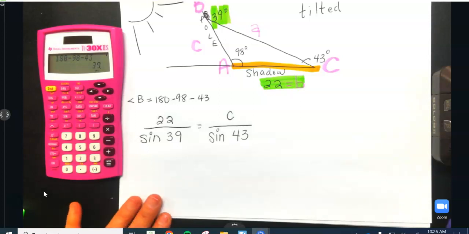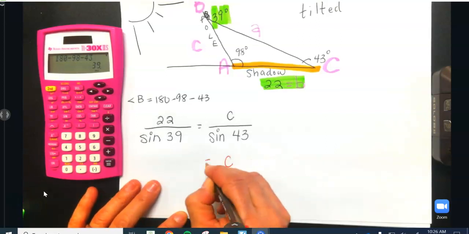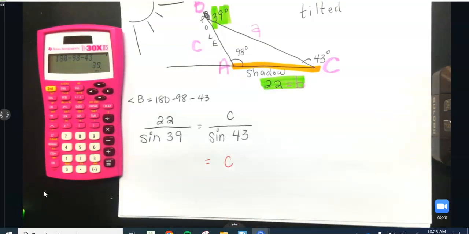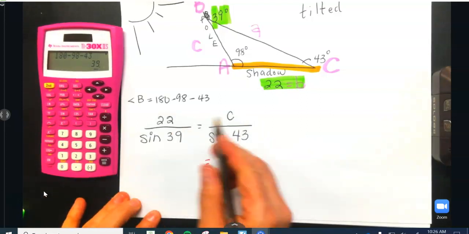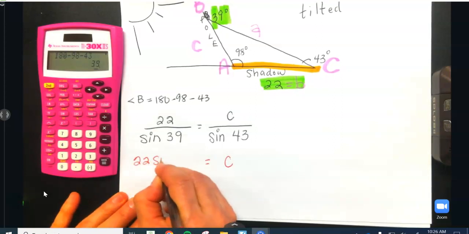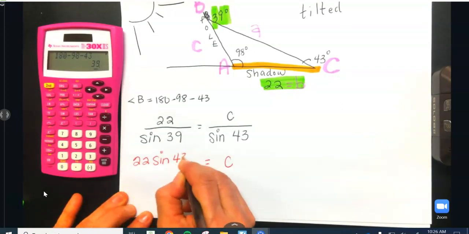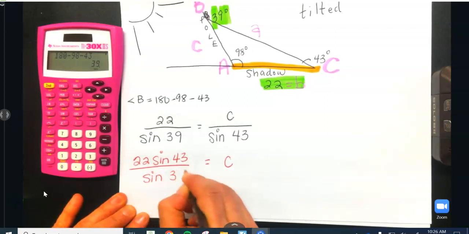Please remember your calculator ready line is required. So 22 sine of 43 over sine of 39.